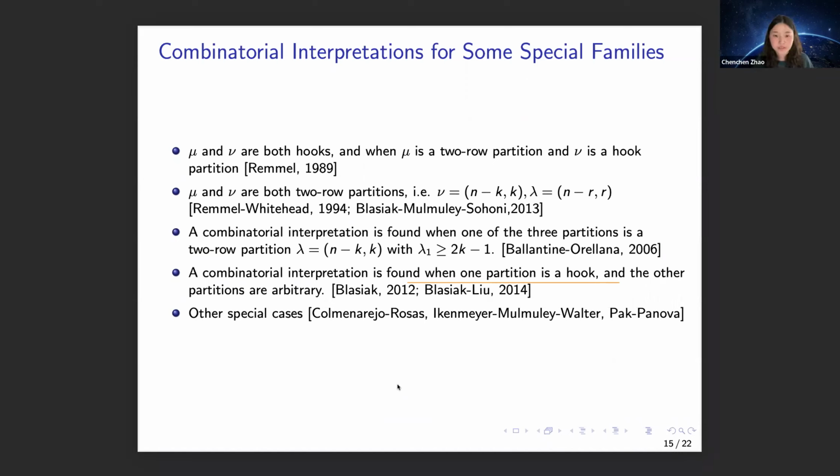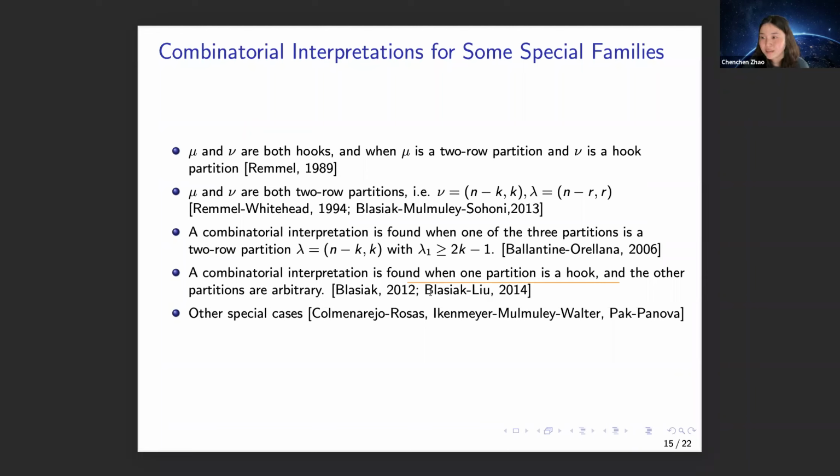And in 2014, Blasiak and Ricky Liu found a combinatorial interpretation when one of the partitions is a hook and the other partitions are arbitrary. They came up with something called the Kronecker tableaux, involving coloring and some partial ordering.